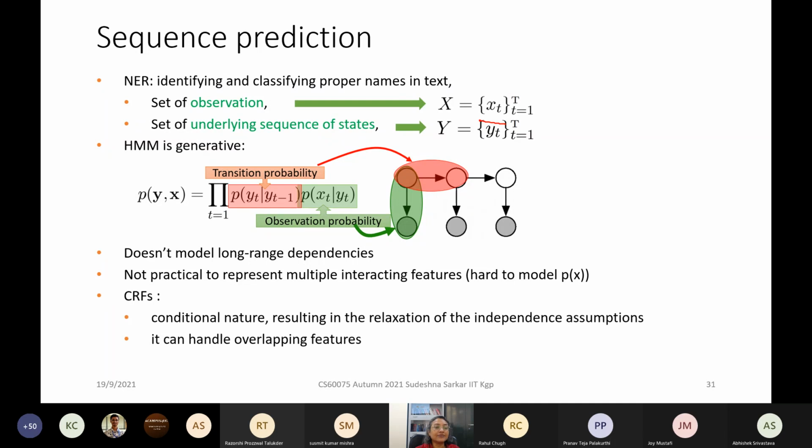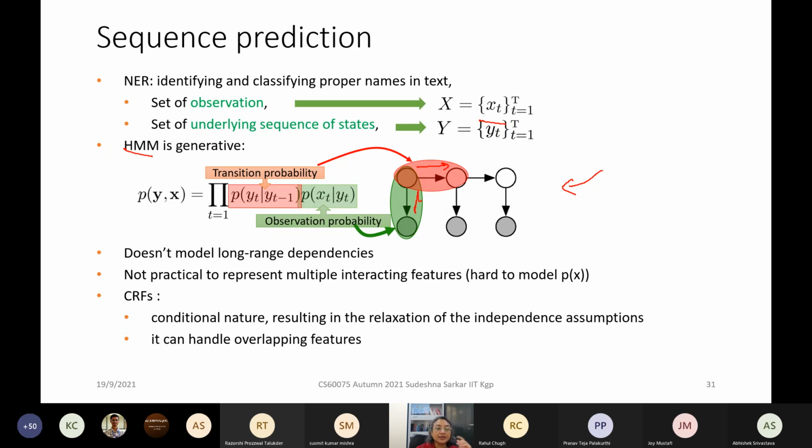Before we come to conditional random fields, let us point out some drawbacks of an HMM. In an HMM, we have a graph to encode the relations that we are taking into account. The relations that we take into account in a hidden Markov model are state to state transition and state to word, or emission, probability.